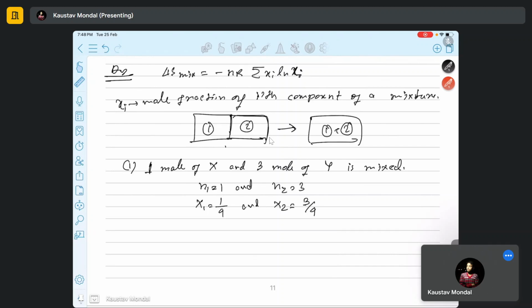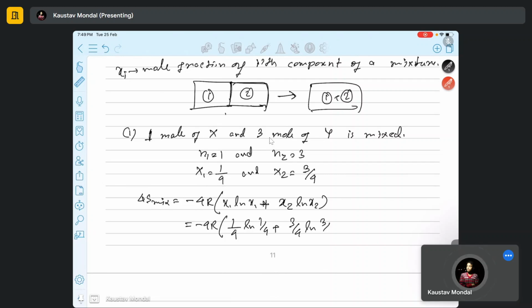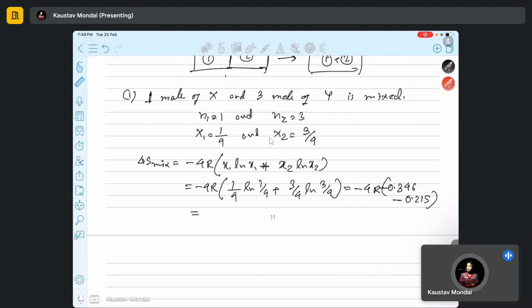And delta S mix will be minus 4R (x1 ln x1 plus x2 ln x2). So this will be minus 4R (1 by 4 ln 1 by 4 plus 3 by 4 ln 3 by 4). This will give you minus 4R (0.346 minus 0.215), which gives 18.69 delta S mix.